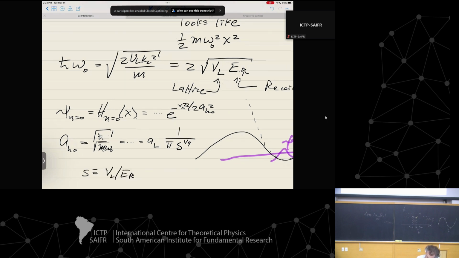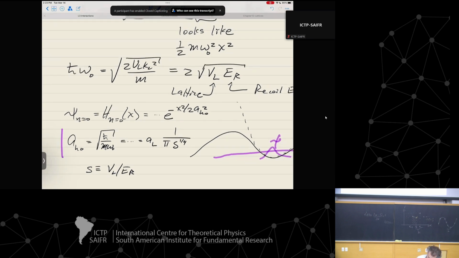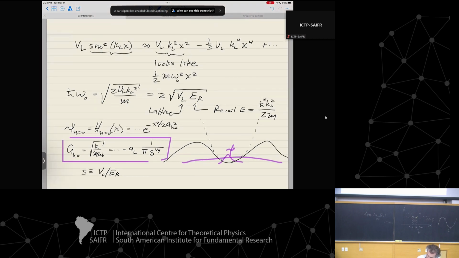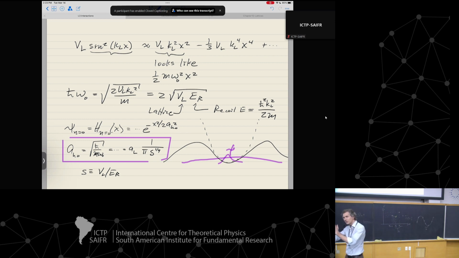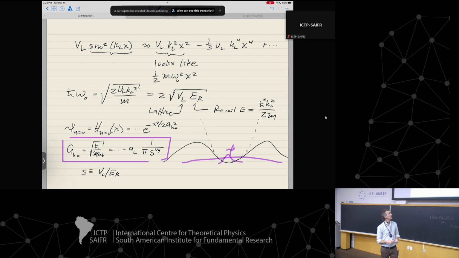Right, so this is the size of the harmonic oscillator wave function. And for this harmonic oscillator approximation to be valid, I need this a harmonic oscillator to be much less than the lattice spacing itself.